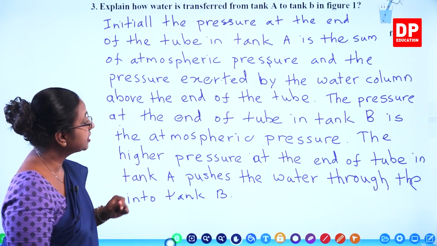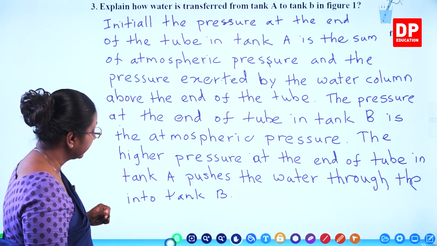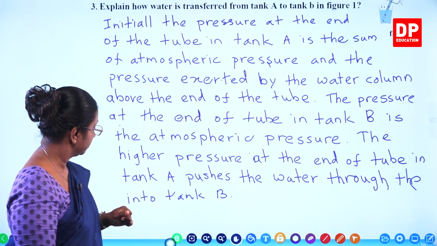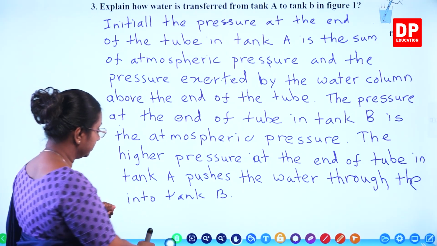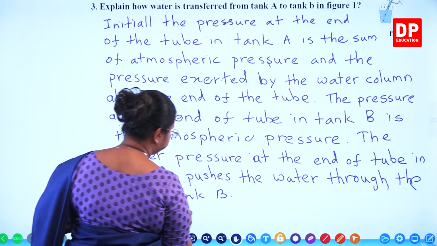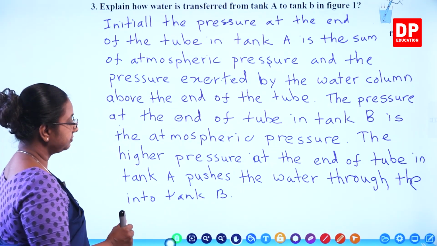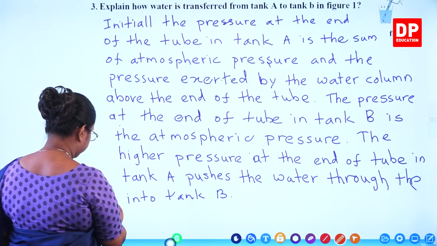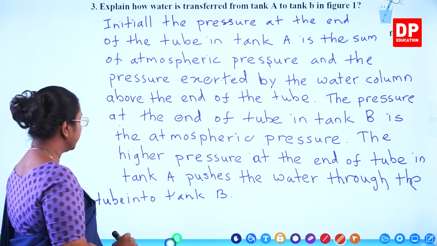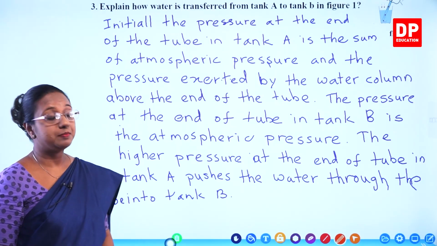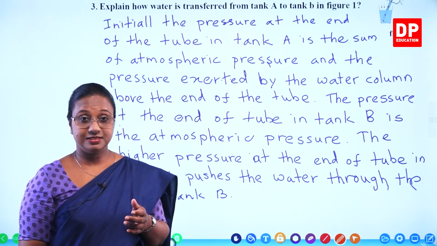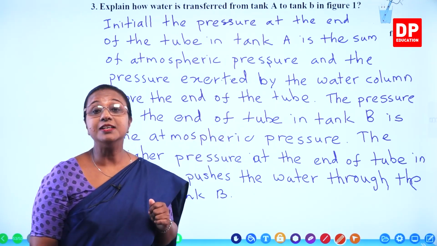So the higher pressure at the end of the tube in tank A pushes the water through the tube into tank B. That is how we explain this answer or this siphon method.